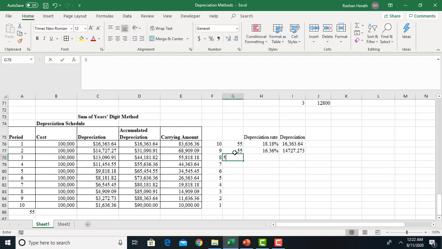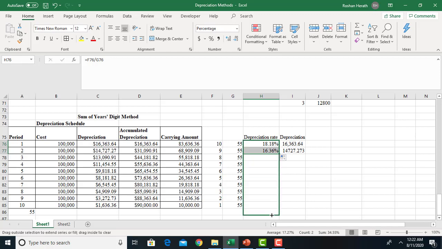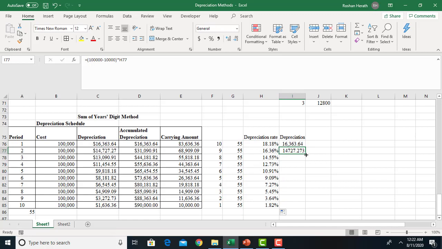So here the 55 is applicable. 10 out of 55 is the first year depreciation. In the subsequent years it goes like this. In the final year, 1 out of 55 depreciation is taken. So if you simply drag this, you can see the depreciation that is applicable throughout the period. And if you drag this, you would see how the depreciation had been taken.